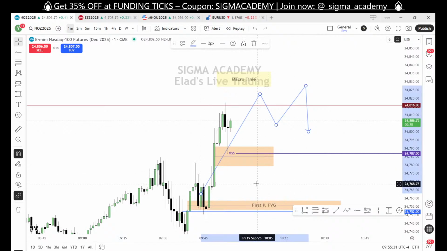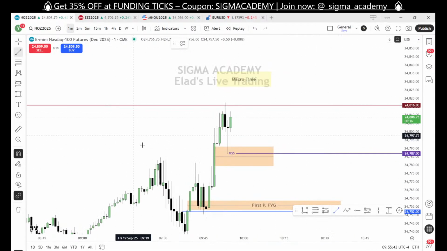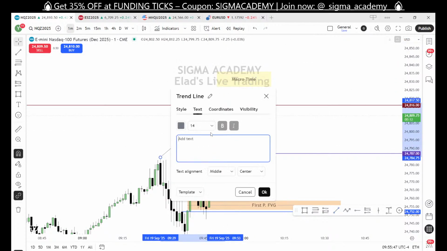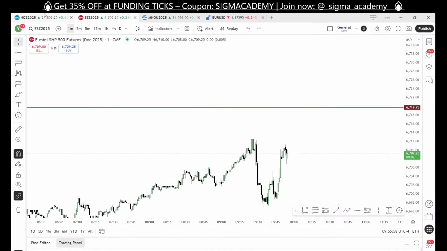By the way, see how I predicted what the market is going to do? Till this point, we have an MSS. SMT, sorry for that. As you can see, this high has not been taken out in this.